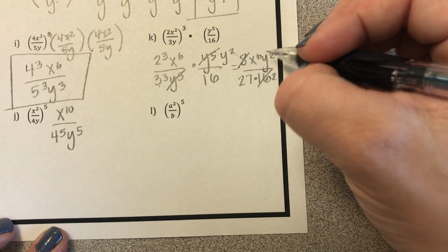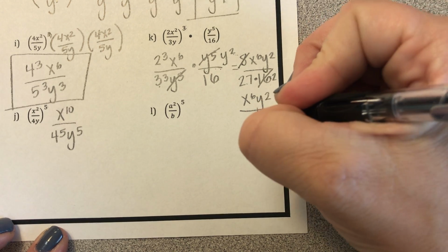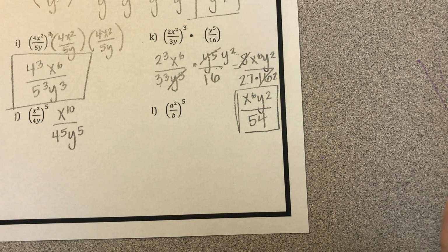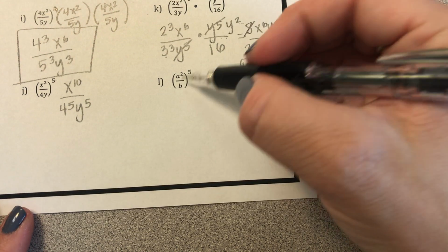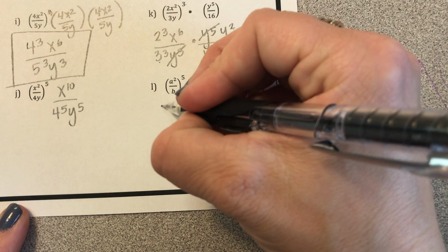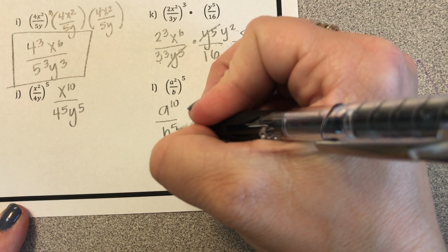So x to the 6th, y to the 2nd over 27 times 2 is 54. And then this very last one, which is way easier than this one, a squared 5 times would be a to the 10th. B 5 times is b to the 5th.